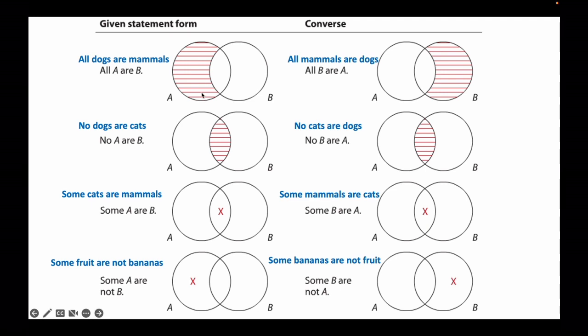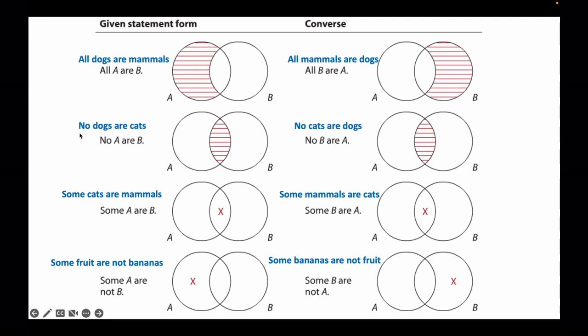And therefore I say all dogs are mammals. Now the converse of this statement, as you can see, is not logically equivalent. So if it is true that all dogs are mammals, it is not true that all mammals are dogs. And you can clearly see that from the Venn diagrams, which are not exactly the same.